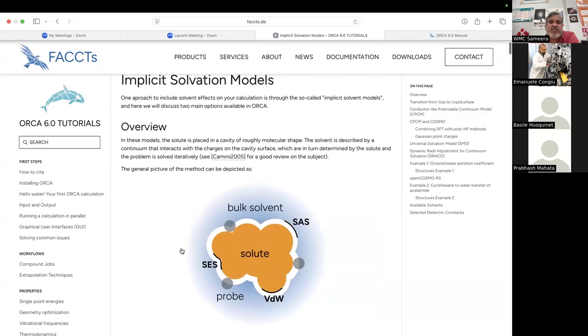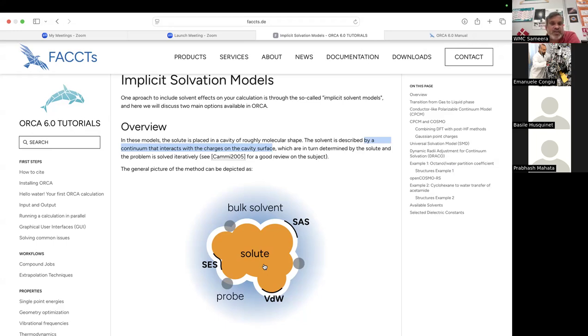Basically we replicate the solvent by a continuum that interacts with the solute and its charges. It is kind of artificial, but quite effective.